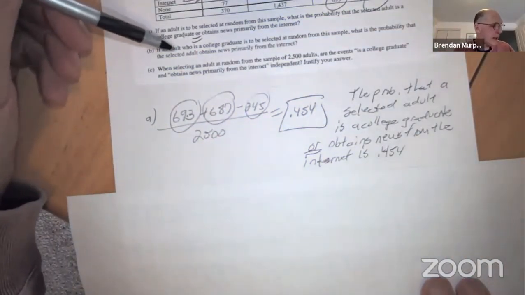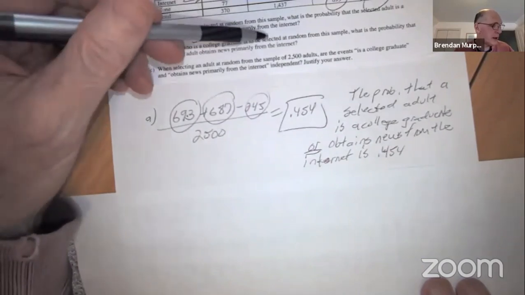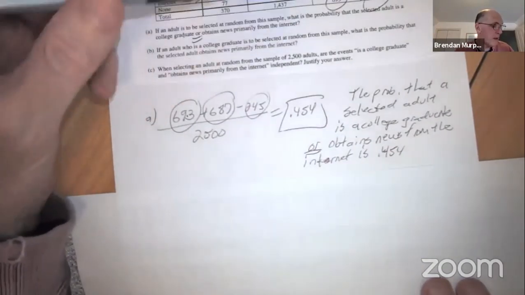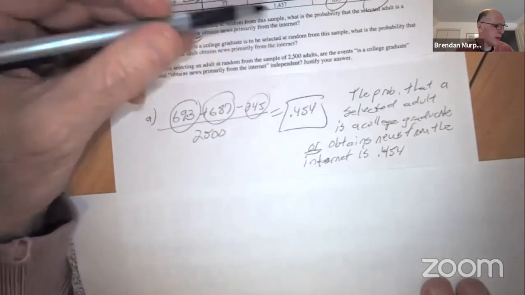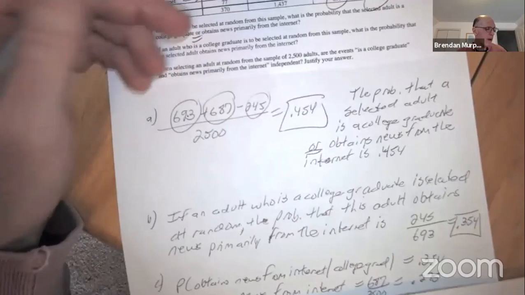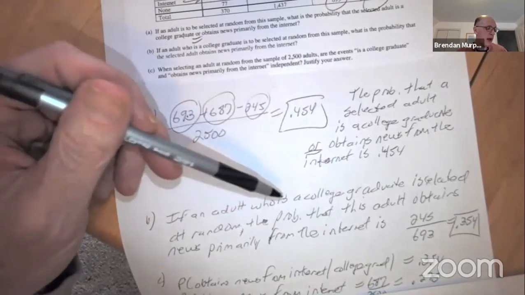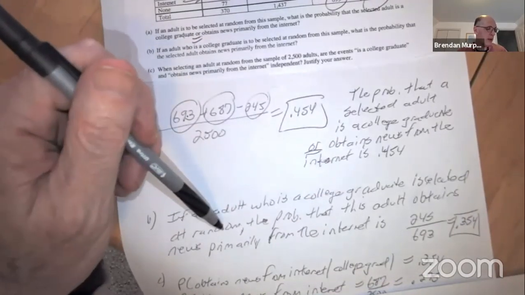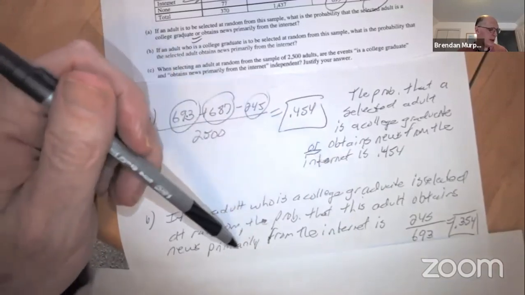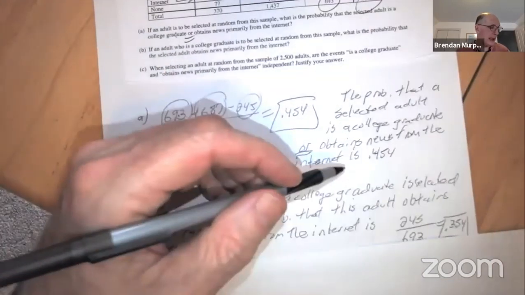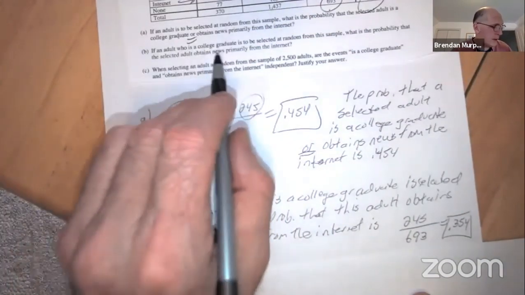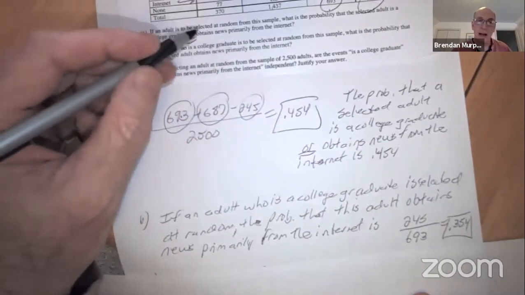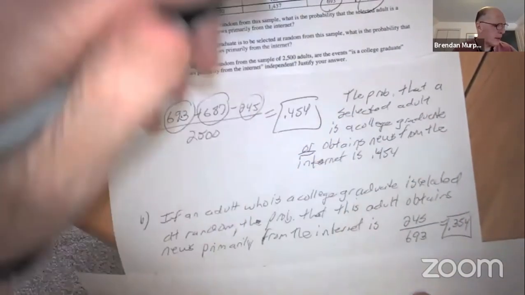Part B, if an adult who is a college graduate is to be selected at random, what is the probability that the selected adult obtains news primarily from the internet? So if an adult who is a college graduate is selected at random, the probability that this adult obtains their news primarily from the internet is, well, again, it says if an adult is selected who is a college graduate, excuse me, lost my breath there for a second.